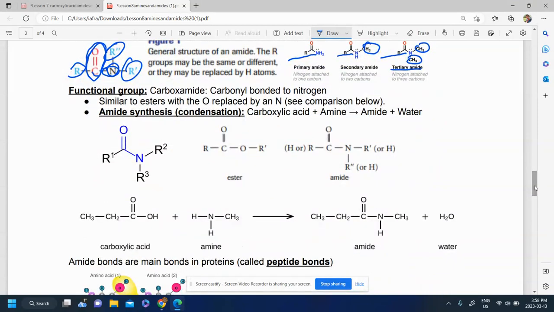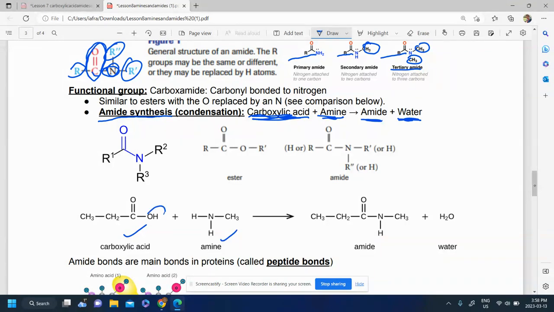Similar to esters, amides are made by combining two different organic families together. You'll actually combine the carboxylic acid with the amine. And so when a carboxylic acid reacts with an amine, it'll make an amide and then release water as well in a condensation reaction. So it's called an amide synthesis. And you can see that in this reaction here, we have the carboxylic acid right here reacting with the amine.